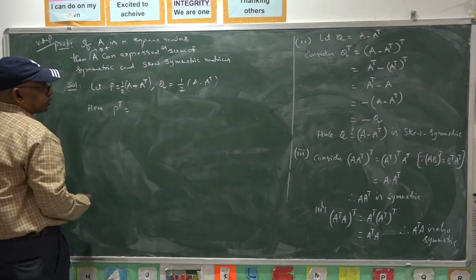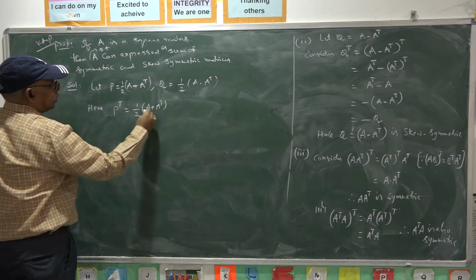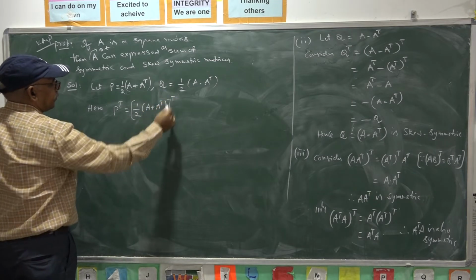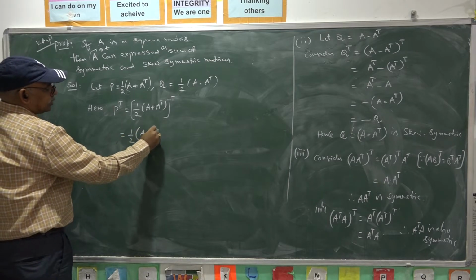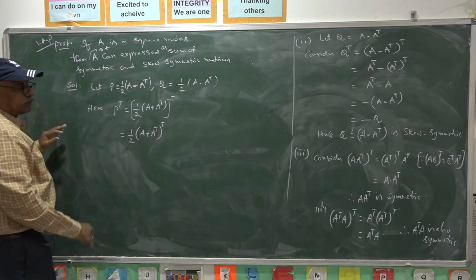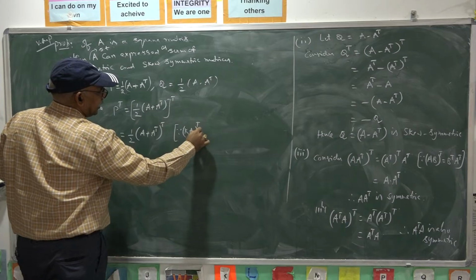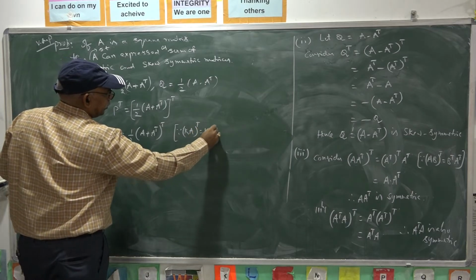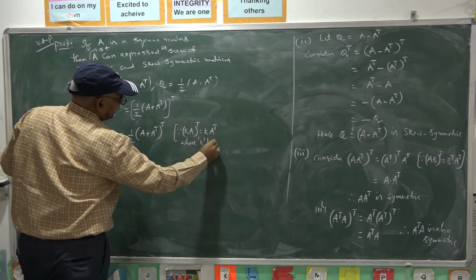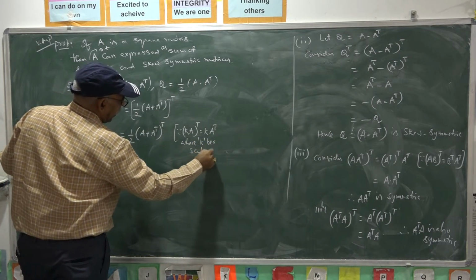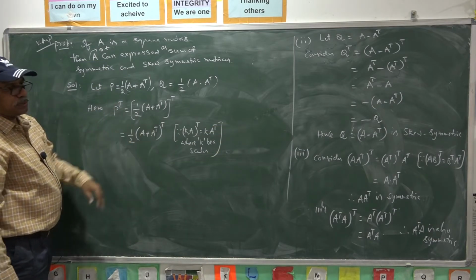So, here P transpose is 1 by 2 of A plus A transpose whole transpose. Since K A whole transpose is K into A transpose, where K is a scalar, we get 1 by 2 into A plus A transpose whole transpose.